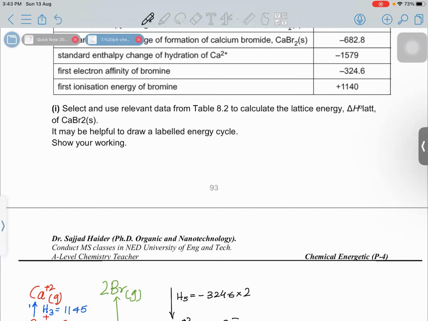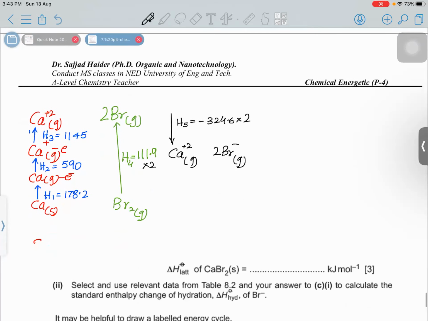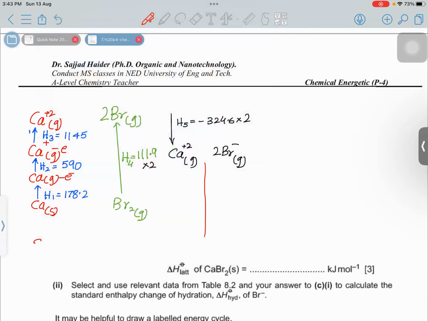Is it useless? Yes, sir, because bromine is minus 1. Sir, is it possible for bromine to have a second electron affinity? Yes, it is possible. But the charge in this case is only minus 1. If the formula of calcium bromide were CaBr, it would mean you have Br minus 2.